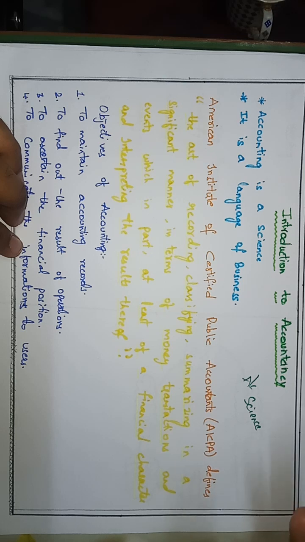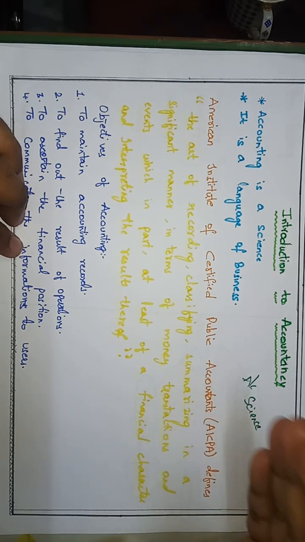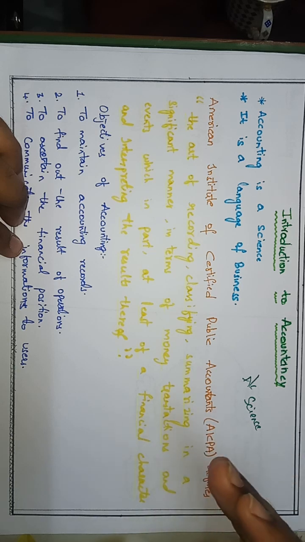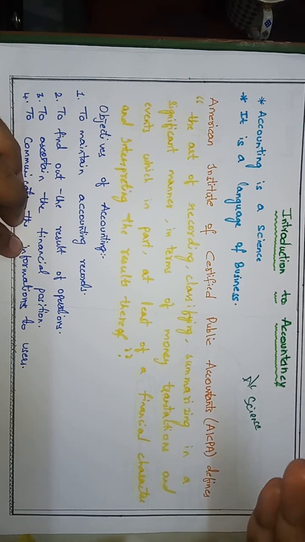Accounting means recording all the transactions, then processing the financial information we get from the accountancy, then preparing the reports and communicating these reports to the persons who are going to make the judgments, that is decision making.